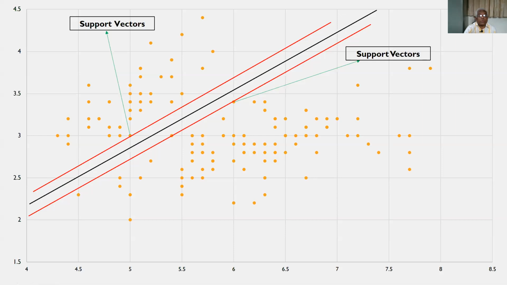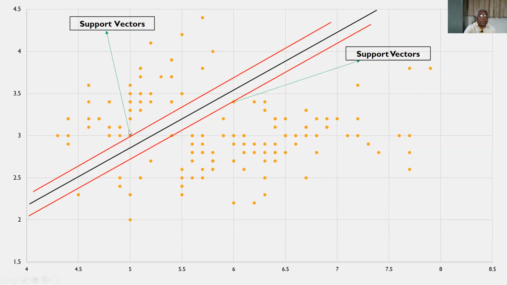On the other side also, I have taken another red line that passes through these two points. And these two points have the property that they are very close to the separator. Now, I want a straight line that will make almost the same distance to both sides, or I want a line that will make the maximum distance between the points from both sides.